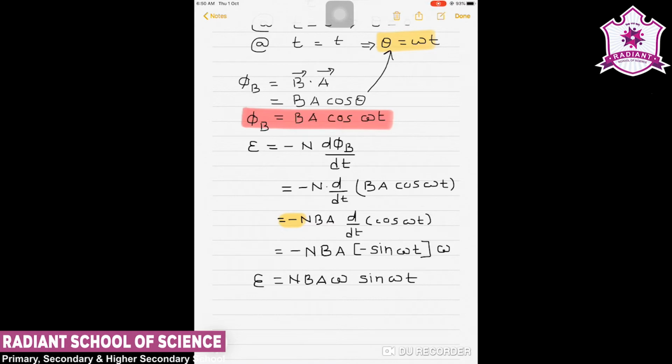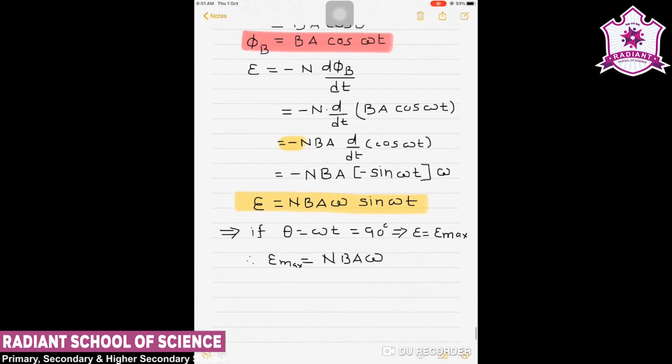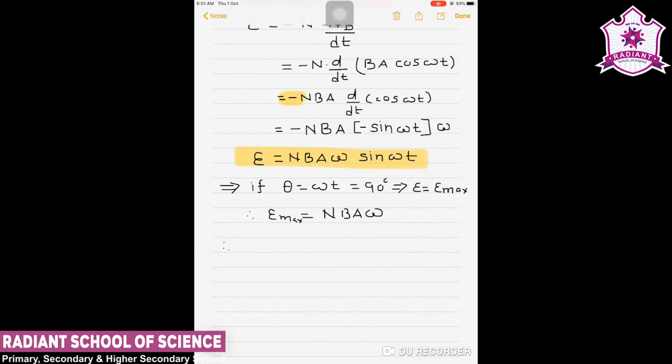Now nBA omega is the maximum value for the EMF, because when theta becomes 90, it is very clear that if theta or omega t is 90, then E is equal to E maximum, and therefore we can say that E maximum is equal to NBA omega.